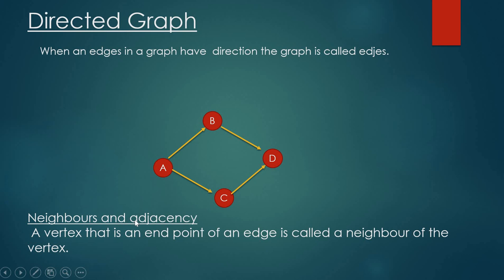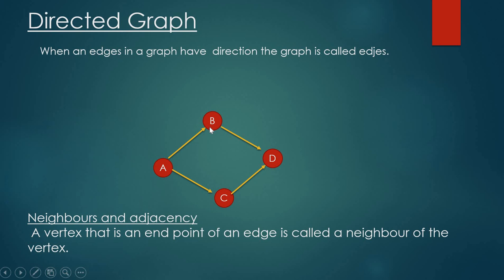Next, neighbors and adjacency. What are the adjacent vertices of a vertex? Neighbors means a vertex that is an endpoint of an edge is called a neighbor of that vertex. See here, A. What are all the endpoints there? See, this vertex B is an endpoint from this vertex.